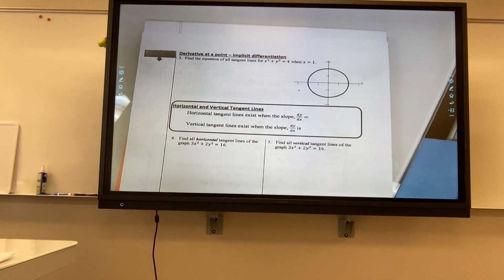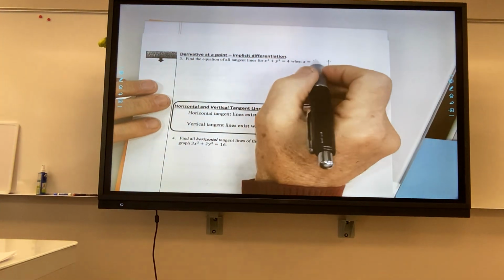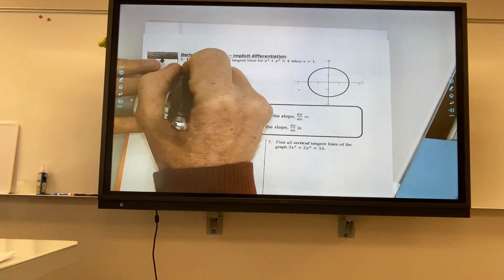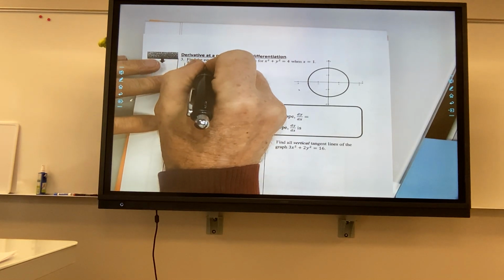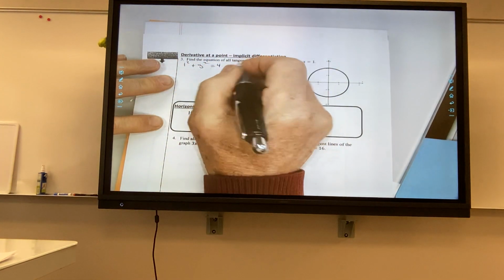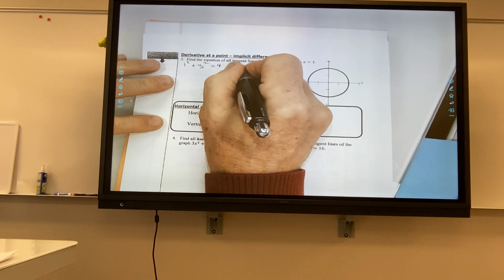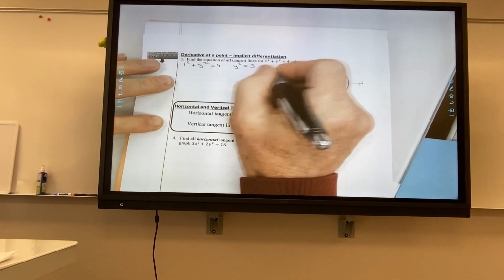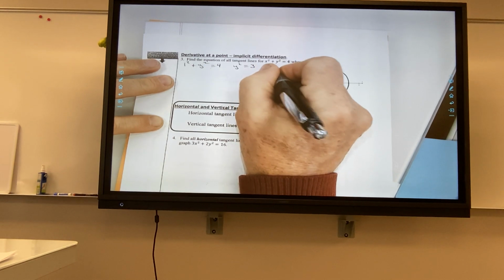So I'm going to find the point first. Okay? And I do that by plugging 1 in for x. Does everybody agree with that? So I'm going to have 1 squared plus y squared equals 4. That means y squared equals 3. So that means that y equals what?